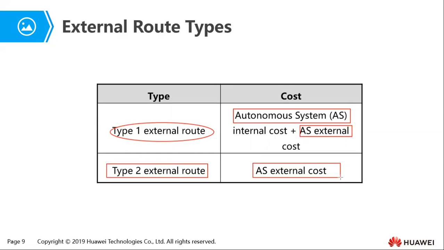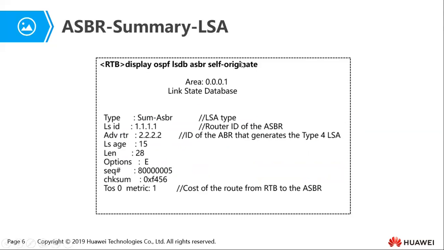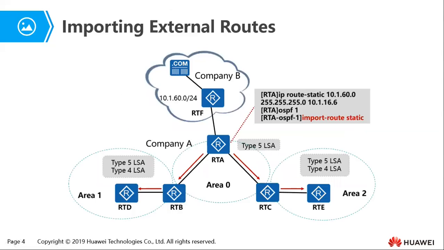I don't know whether you understood me. Let me go back so that I explain better. What we're saying here is this: for type 1, it's going to take this cost plus this cost.